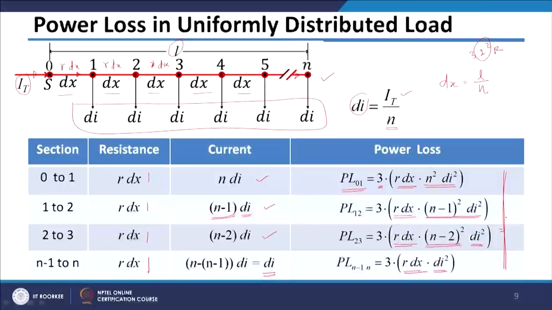To add these power losses, if you observe, in each term you have the R dx term common as well as the dI term common. So, when you add them, you need to add just the series consisting of n square terms: n square plus n minus 1 square plus n minus 2 square and so on up to 1.